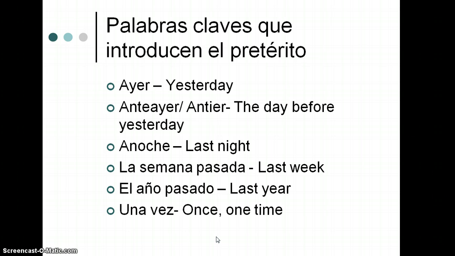El año pasado, last year. Una vez, once or one time. Notice that these indicate generally a well-defined time frame, where usually we're going to limit our action in time and give it completion.